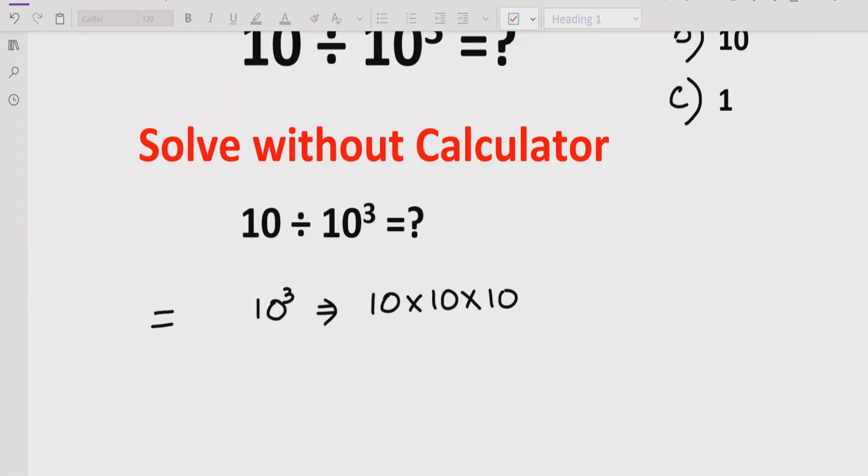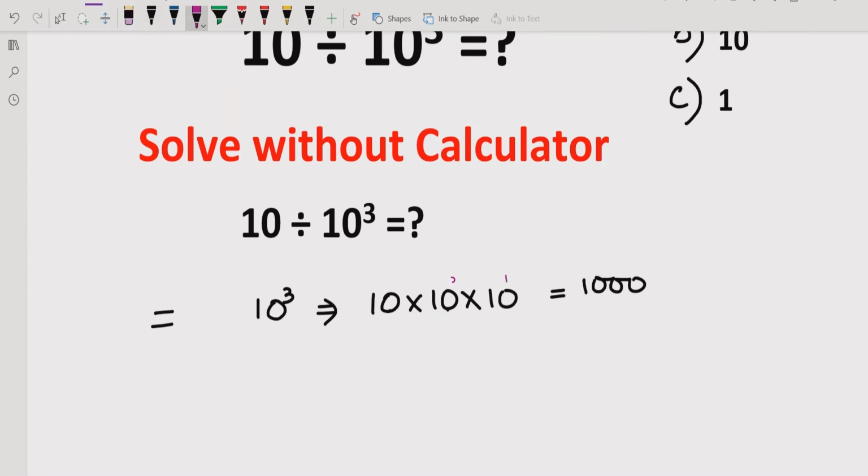If you multiply these three numbers, you get the answer 1,000. Like 1, 2, 3, you have three zeros.